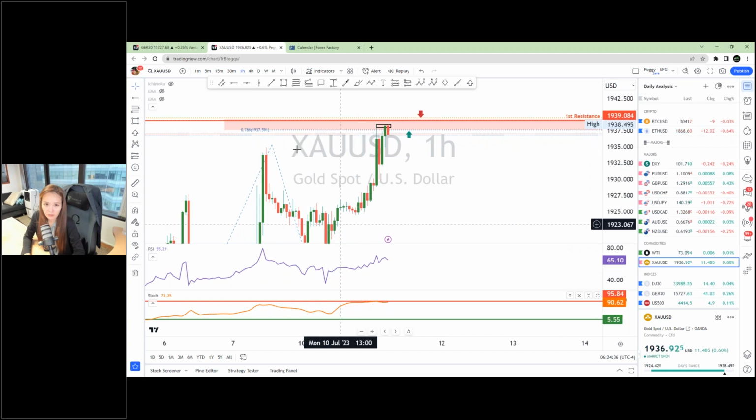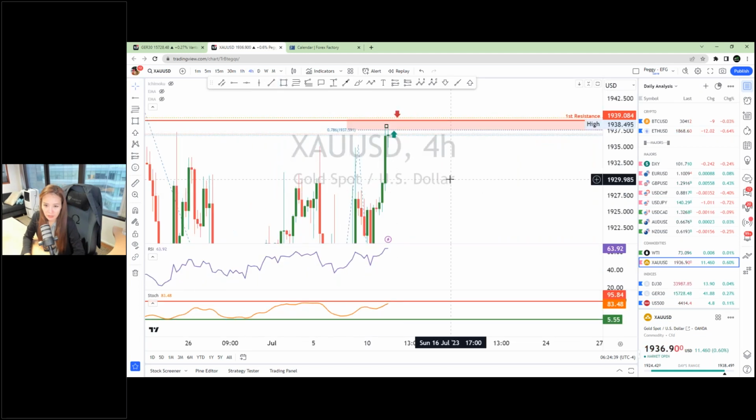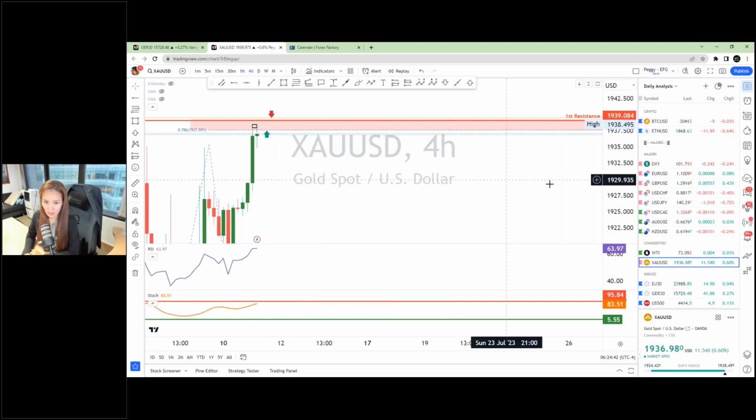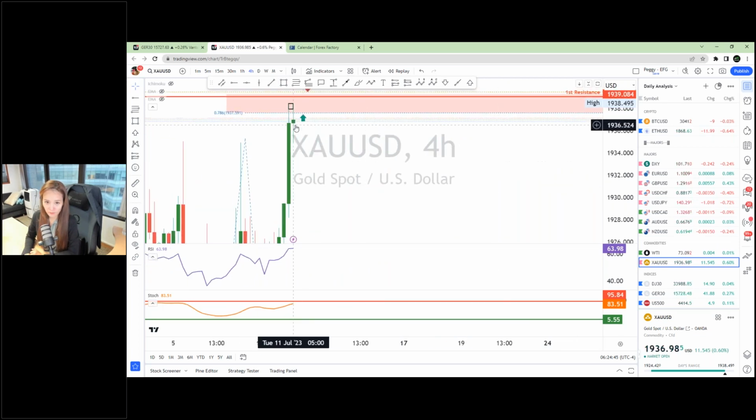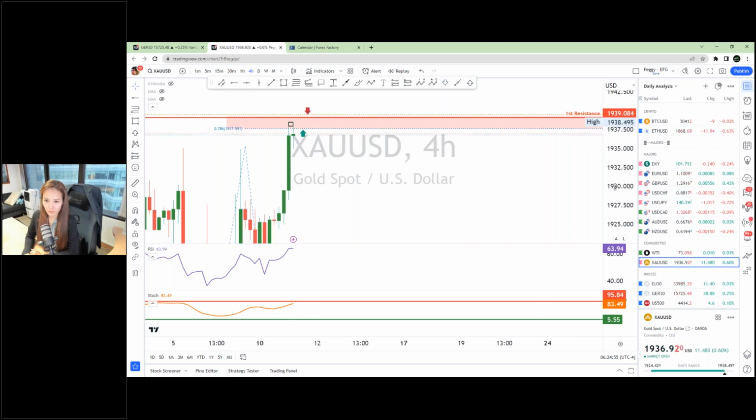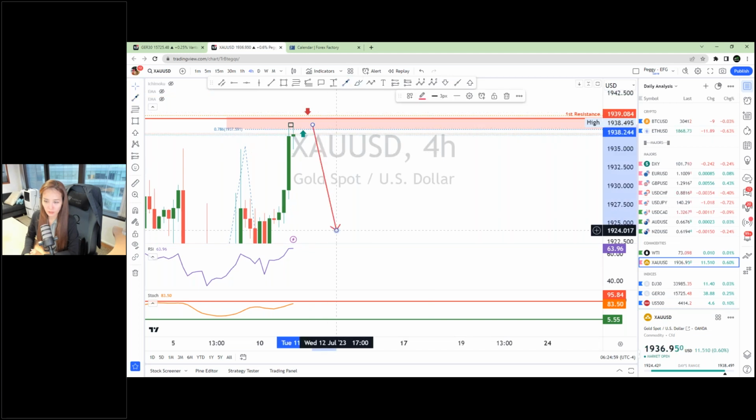Stochastic as well. Let's say if H4 ends up closing as a red one, and the wick is up like a double top like this, then it's a good sign that price will drop from this level all the way down.